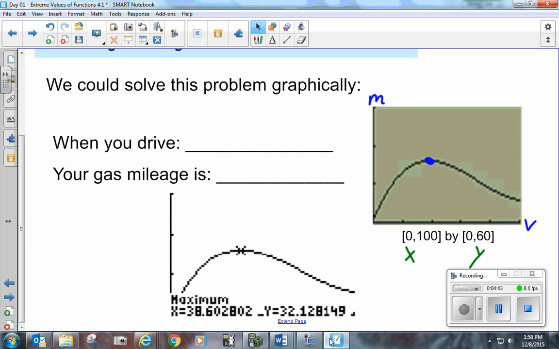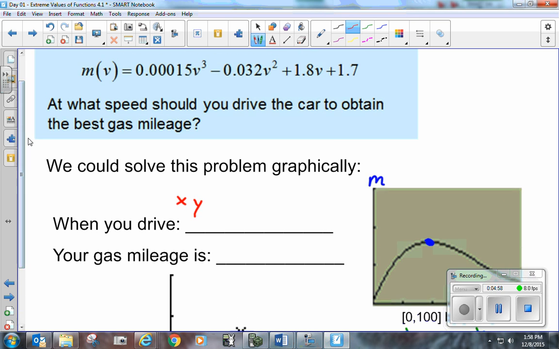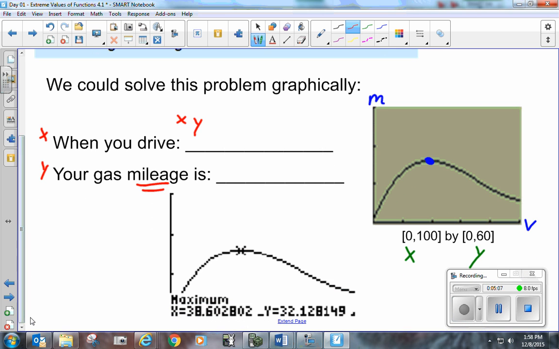So, this point, when I drive, what do you think is going here? My x or my y? Well, mileage is our y. This is our y. So this would be your x. Excuse me, I'm looking for my x.